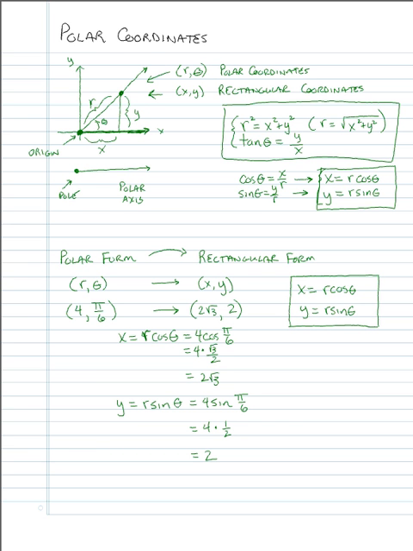Now, just as a little side note here, let's think about if we were doing this with polar coordinates, just roughly. Okay, just roughly. Here's my pole. Here's my polar axis. And here's the way I would graph that point.